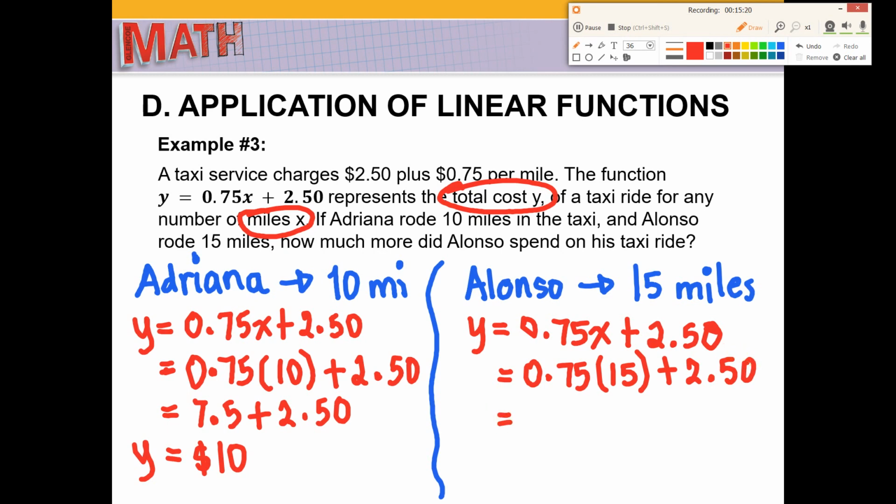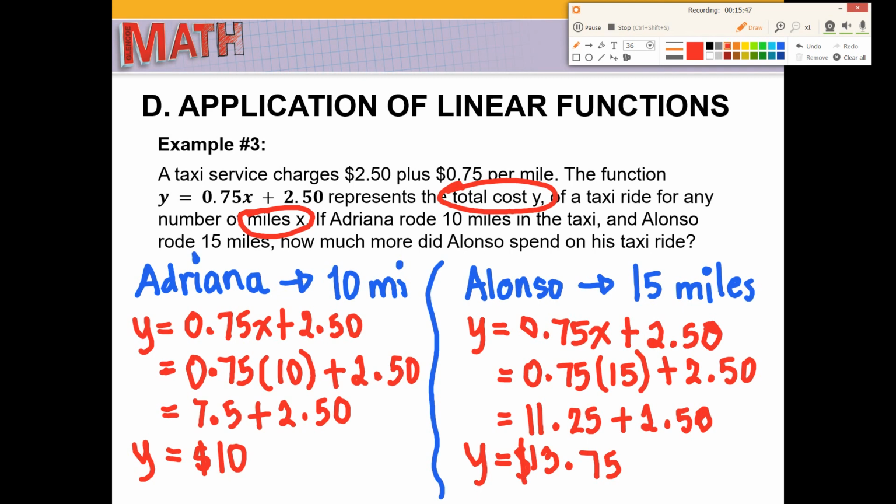Simplifying further, we have 0.75 times 15, and that is 11.25 plus 2.50. The answer would be 13.75. This is how much Alonso paid.